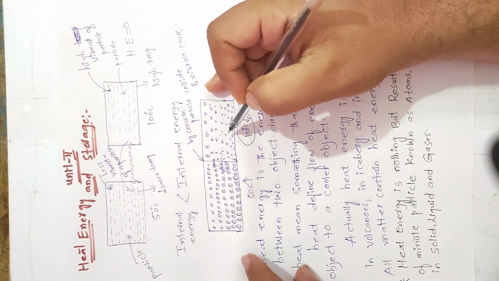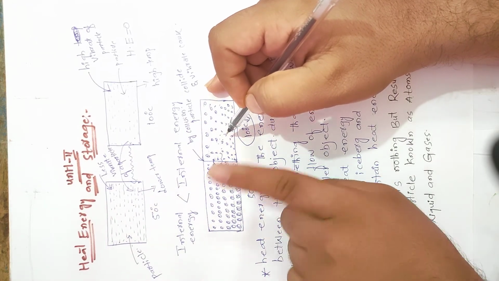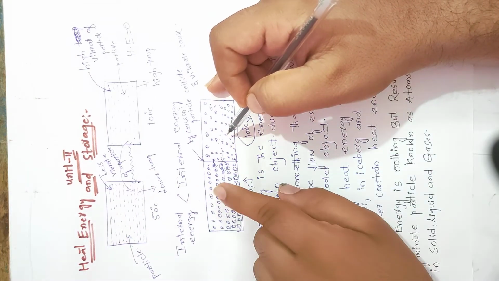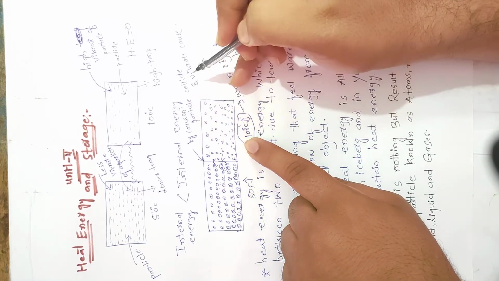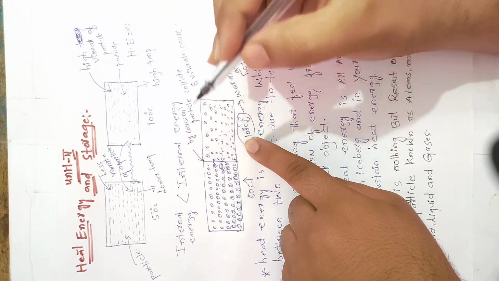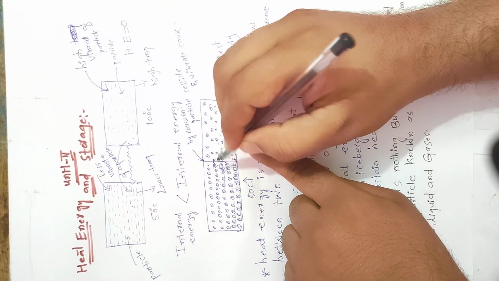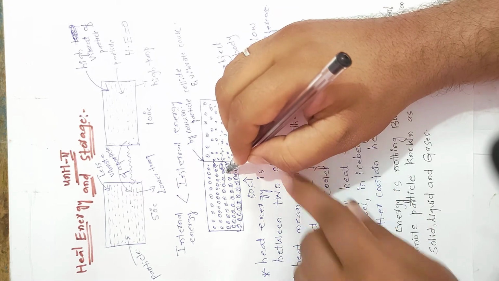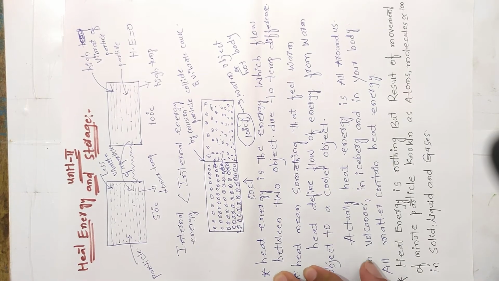So we understood that heat always flows from the hot body to the cold body, but heat will not flow from the cold body to the hot body. By the collision of the particles, the highly vibrating particle is moved from the hot body to the cold body, and we call this heat energy.